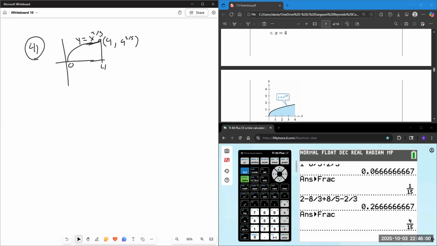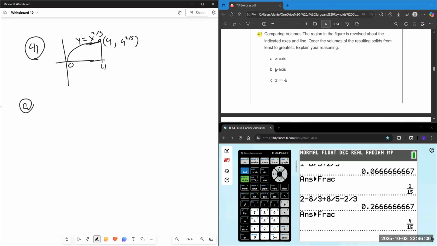So I'm going to use the disk method for part A, which tells me to try to revolve around the x-axis. So disk method is going to be pi r squared, and this is 0 to 4.